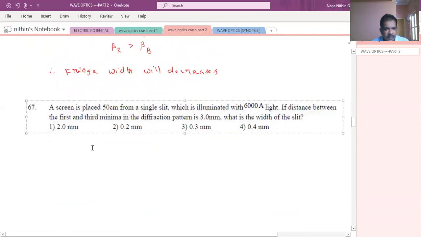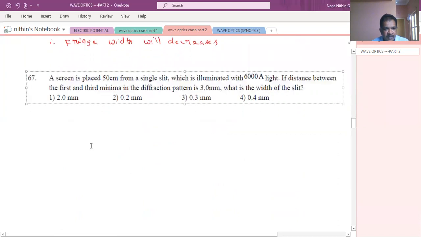Next question. A screen is placed at 50 centimeter from a single slit, which is illuminated with 6,000 angstrom unit light. The distance between the first and third minima in the diffraction pattern is 3 mm. What is the width of the slit? For the minimum distance, what is the formula?